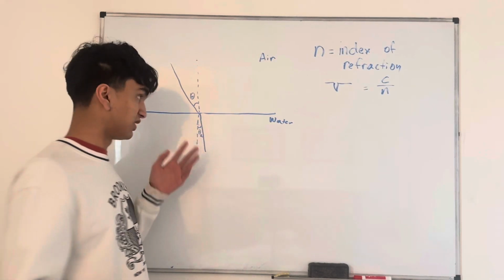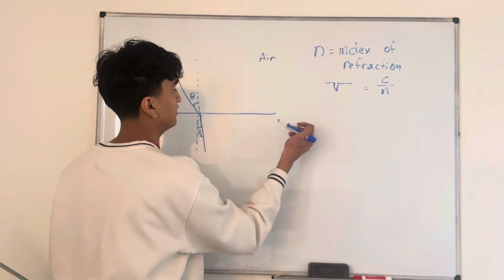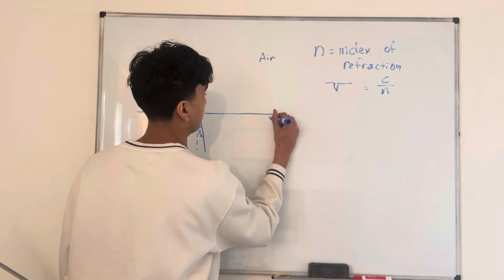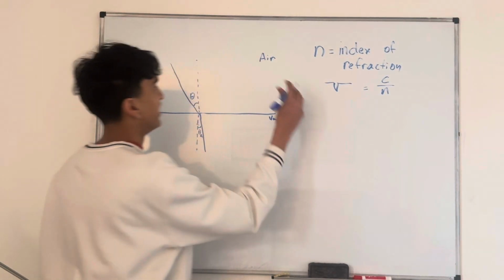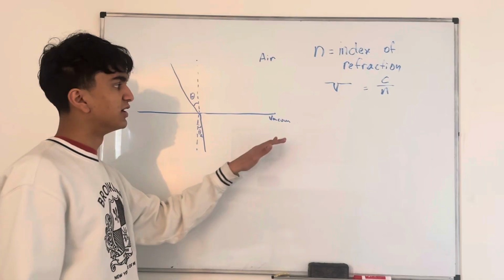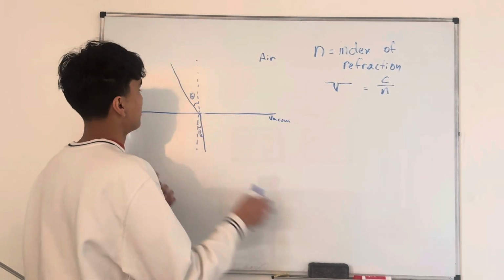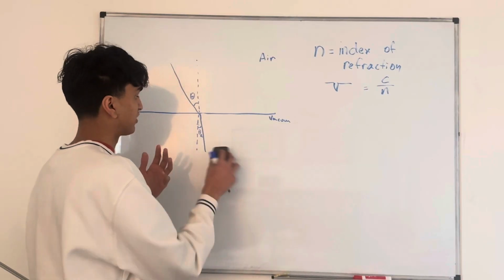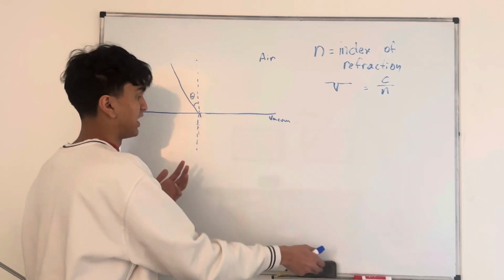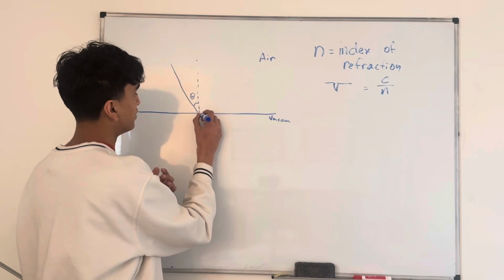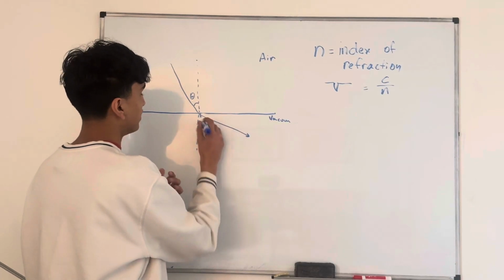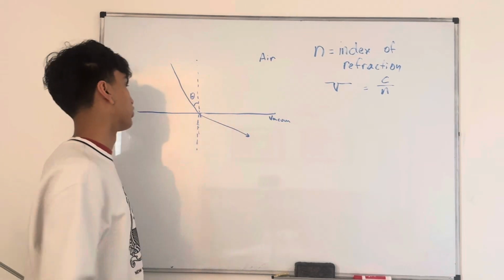If you have a material or a vacuum that makes light go faster, the angle gets larger, and the light bends away from the normal.